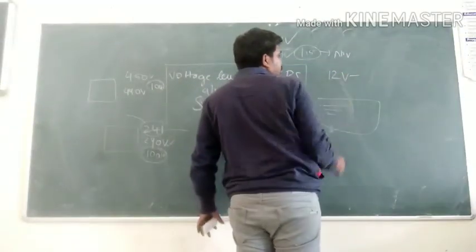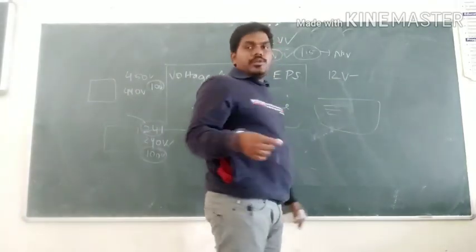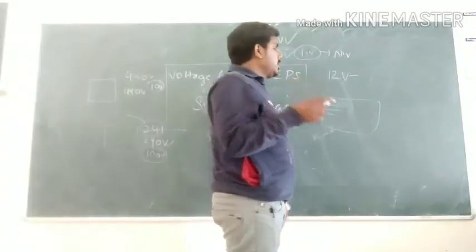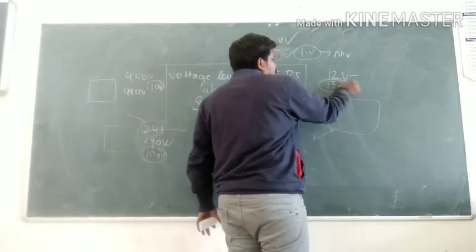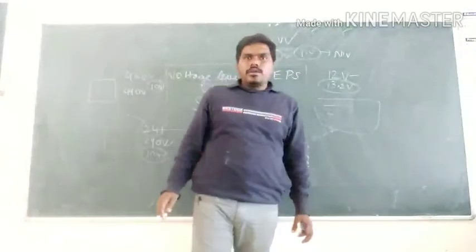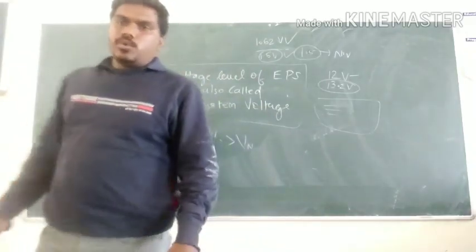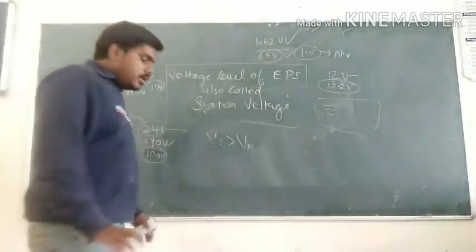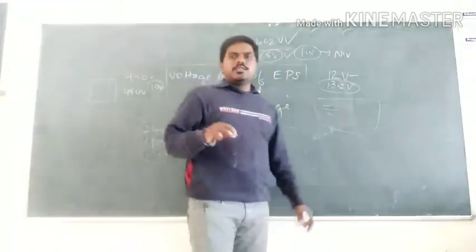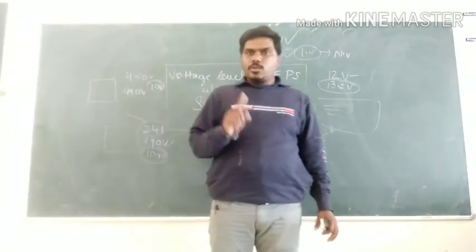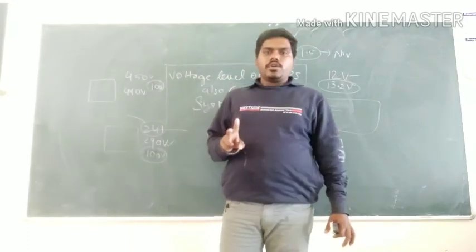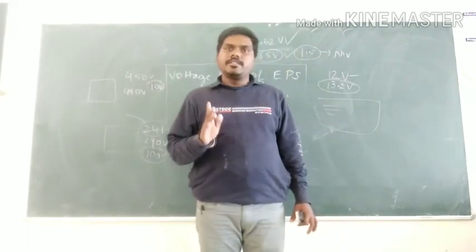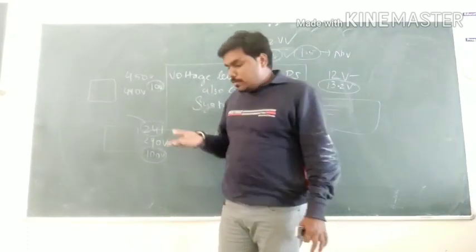This is the nominal voltage, and the actual voltage is exactly 13.2 volt rating. So these are the two terminologies, nominal voltage and rated voltage. You should remember these two points. Similarly, in case of current also.